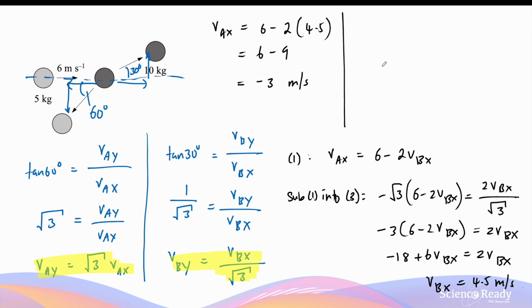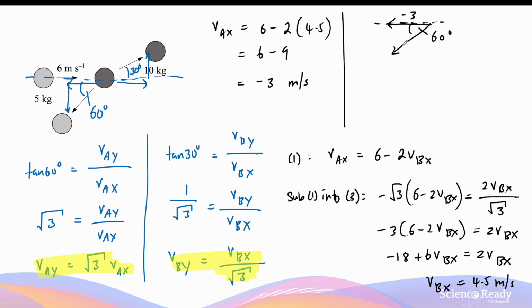Finally, to find the final speed of the two balls after they collided, I need to reconsider the angle at which the velocity vectors make with the horizontal axis. Let's start with the 5 kilogram ball. We know that the 5 kilogram ball moves at an angle of 60 degrees below the horizontal x-axis. And we've now just found that the horizontal velocity vector is minus 3 meters per second.